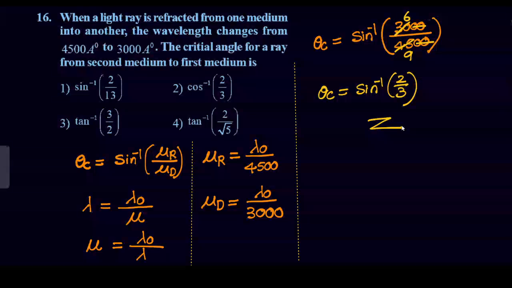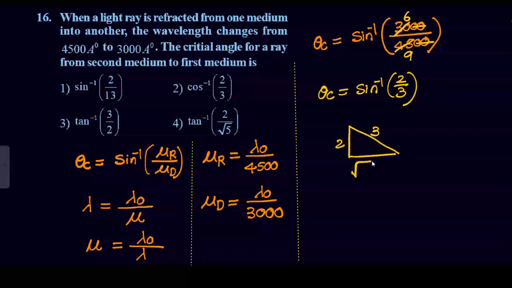Okay, is the option there? No option. So convert into some other angle now. Now this sine angle: this is 2, this is 3. So the third side is how much now? This is root of 9 minus 4, that is root 5.